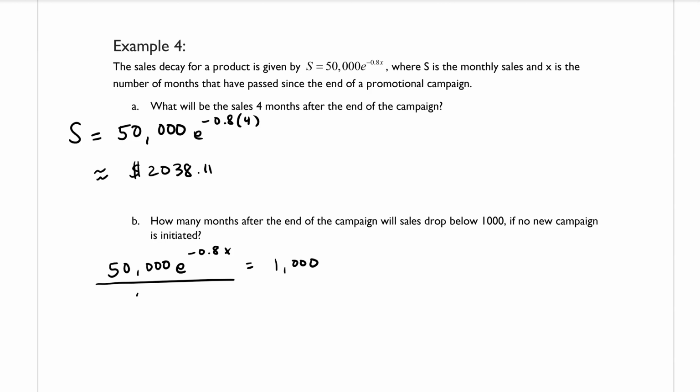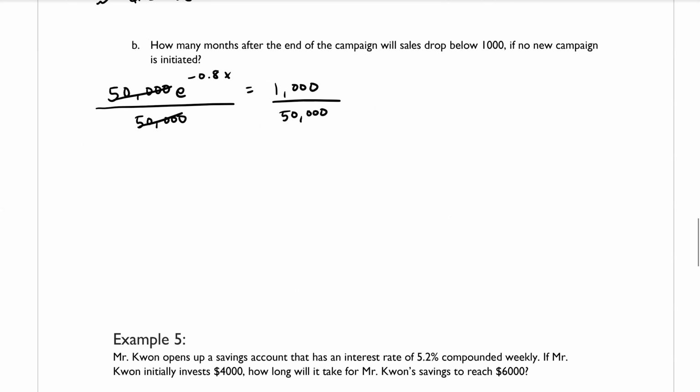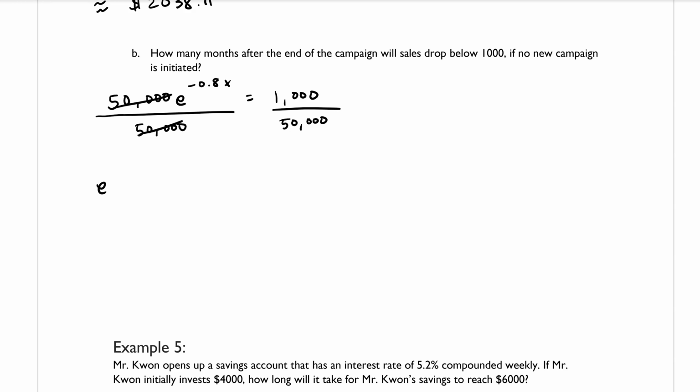So I'm going to divide both sides by 50,000. Let's see, if I simplify that and cancel the zeros, that would be 1 over 50.